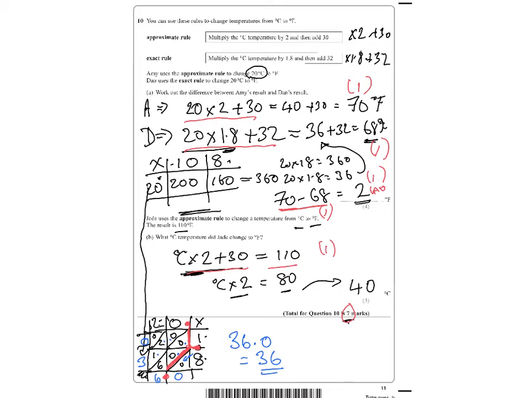So something times 2 plus 30 equals 110 gives you 1 mark. You've then got another mark for getting the 80 and then divide by 2, which I did in one step. So you could have 80 divided by 2, and that'd be given by your answer there. So there's 1 mark for that. And then again, there's 1 mark here, which is correct answer only. So that's how the 7 marks are made up on that.